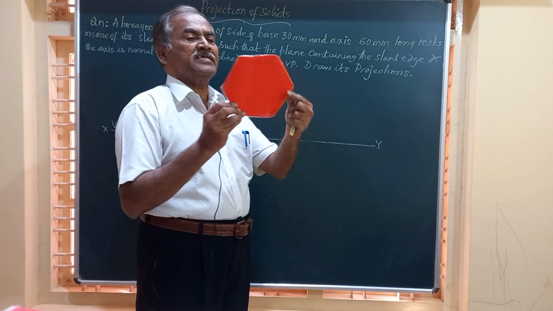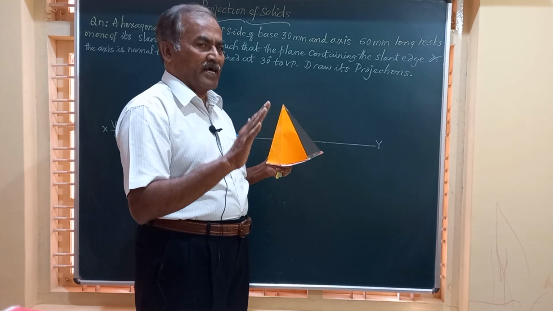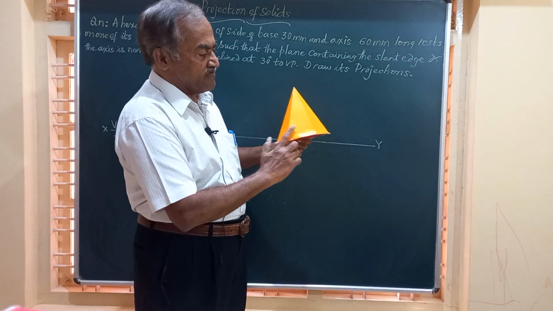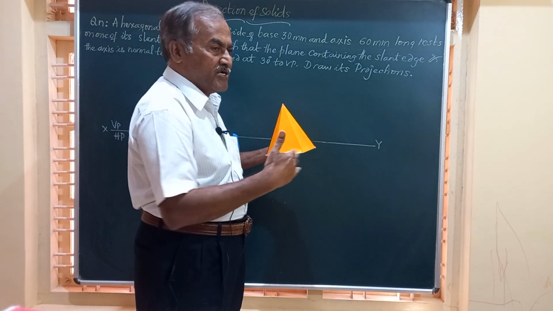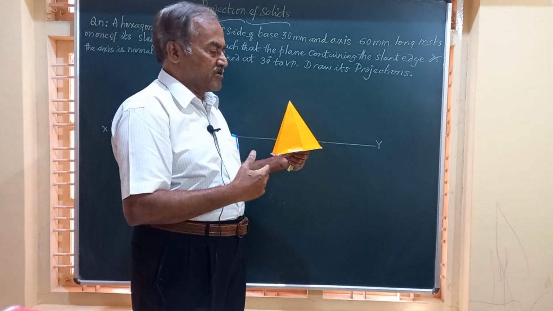So friends, since it is a hexagonal pyramid, I have to place the pyramid on HP such that one of these edges, that is edges of the base, is parallel to VP, or two base edges parallel to VP.